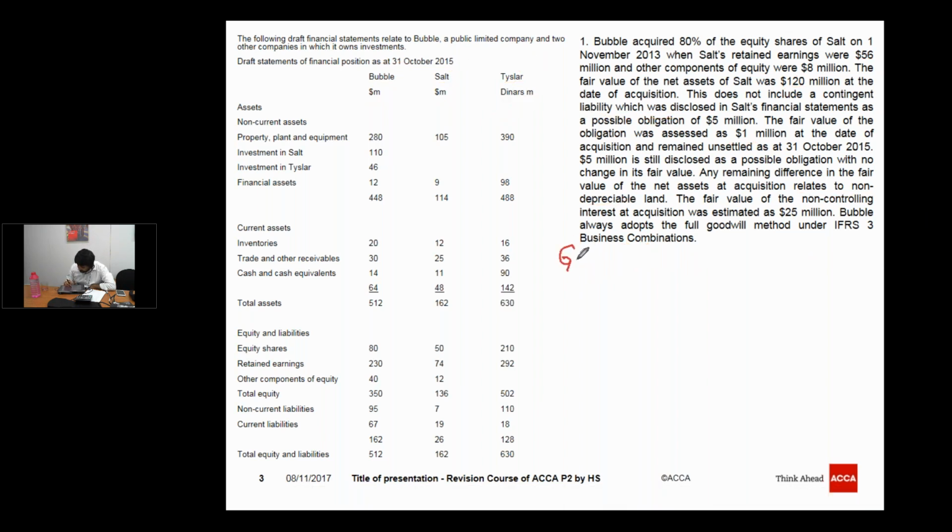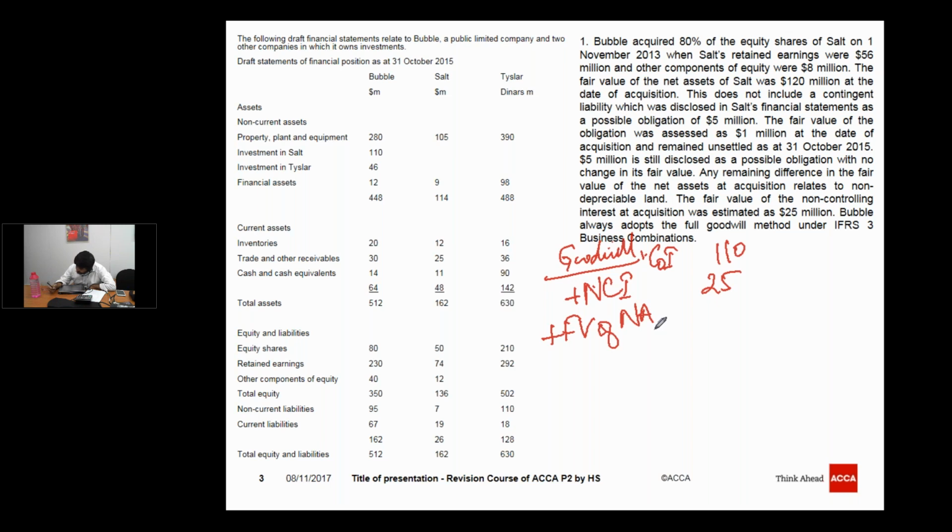So let's start. Goodwill. The cost of the investment is 110. The NCI at the acquisition is 25. Fair value of the net assets is 120 million.